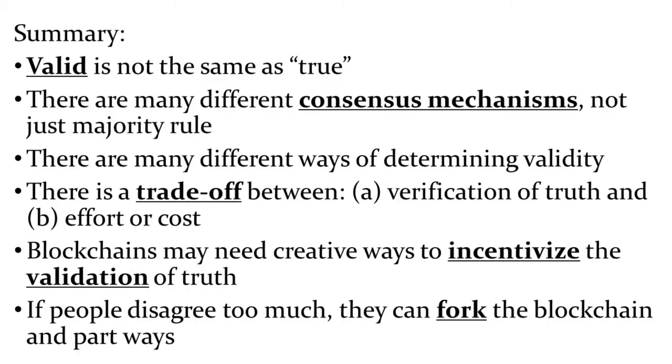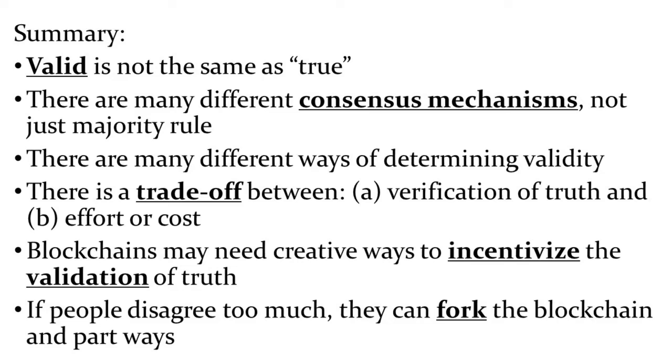To summarize, here are some important features of consensus and validity on blockchains. Valid is not the same as true. There are many different types of consensus mechanisms, not just majority rule. There are many different ways of determining validity. There is a trade-off between verification of the truth on the one hand and effort or cost on the other hand.